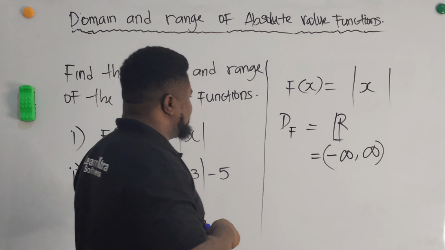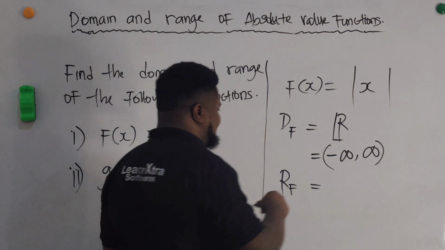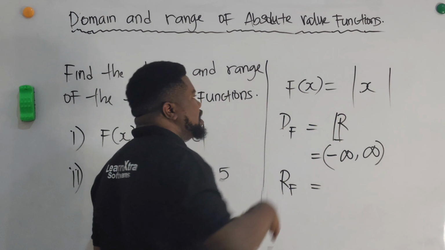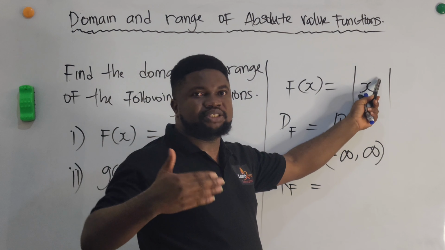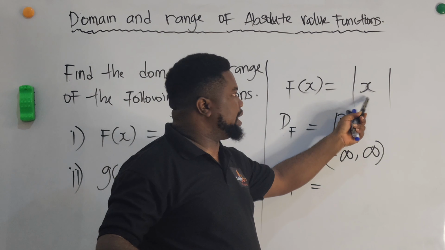Now the range. The range is where you have to understand that something is going on with this function. This function turns everything inside it towards a non-negative. Suppose I have minus 2 here as x. What's my answer? 2.